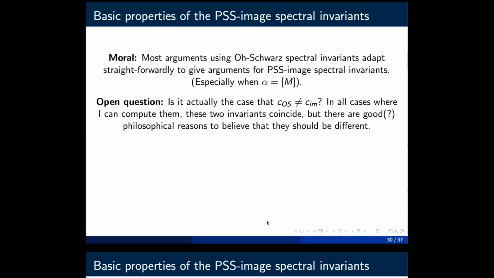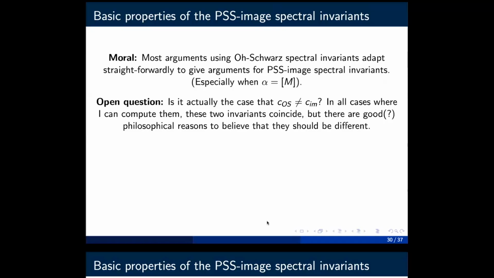Somehow there are good philosophical reasons to believe that they shouldn't be equal, okay? Because like I said, one can think of the PSS image spectral invariant as probing via continuation maps from zero.